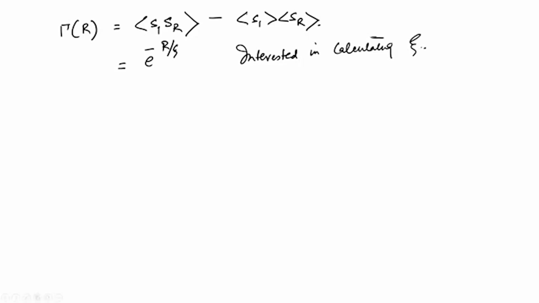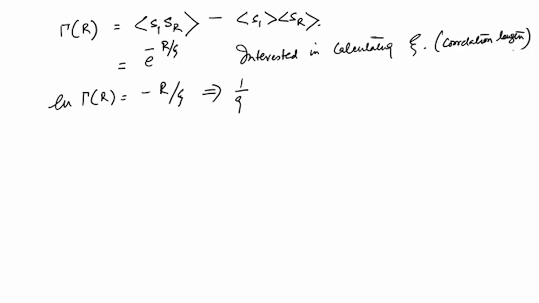That is the whole idea, and it is easy to see that if I take the log of this, it is equal to minus R over xi. That gives you 1 over xi, which is called the correlation length. Simply stated, it is the distance over which the spins are correlated.